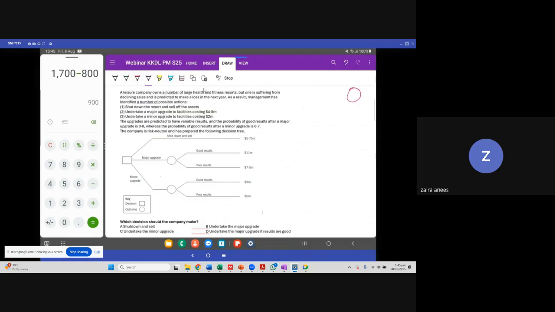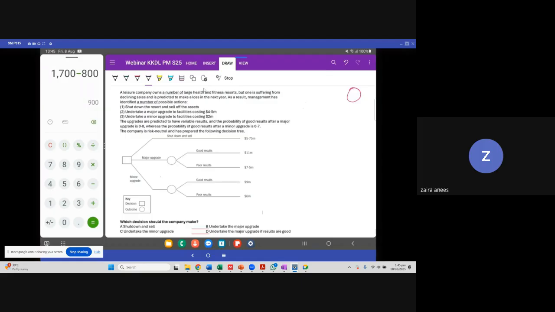Even though we did the decision making part, we are not left with enough time. So we will continue with the regular schedule.